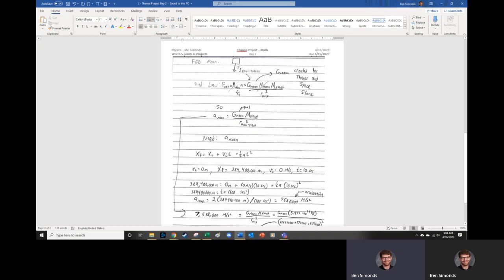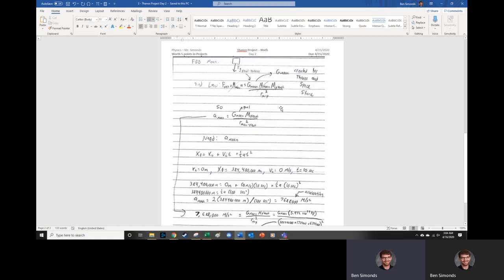Since the only force is gravity, we can also set that equal to gravity. So that's what I did here next: I set ma equal to G m m over r squared, r being the distance between the moon and the planet, with the mass of the moon, the mass of the planet, and G moon.